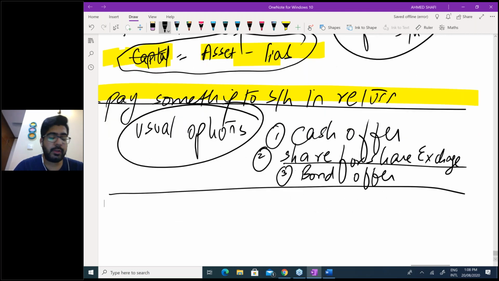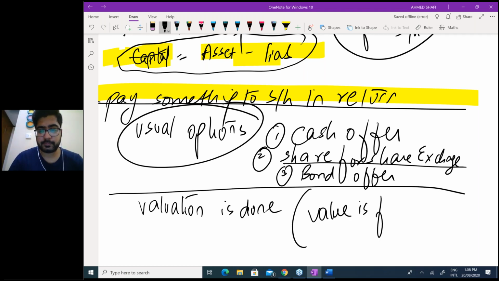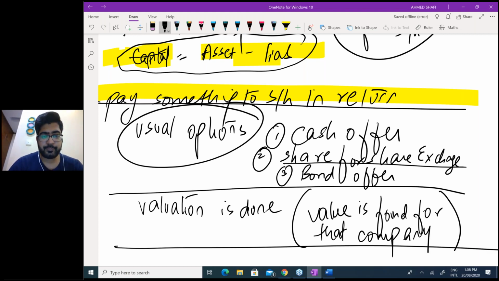Again, before acquiring any company, one more thing is done. Valuation is done, that is, value is found for that company. Valuation means finding value. I am wishing to acquire one company, so obviously I will do valuation. I want to find the value of that company to decide whether to buy it or not.